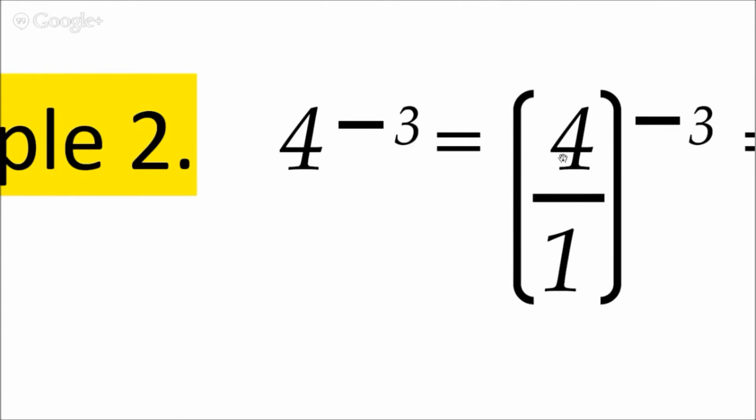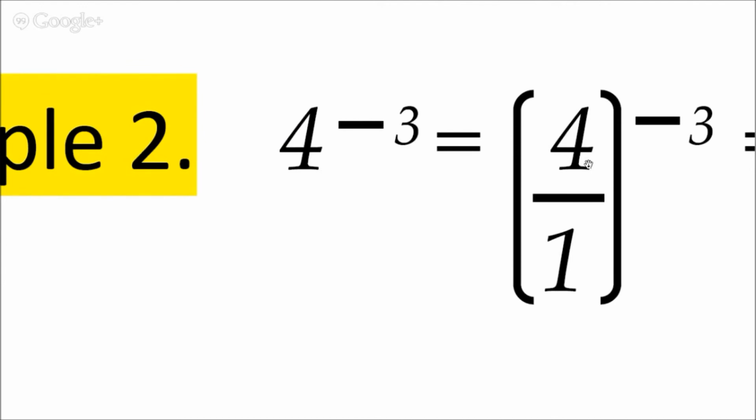Okay, so how do you know 4 is equal to 4 over 1? Well, any whole number is equal to itself over 1. So, for example, if instead of 4 we had 100, it would be 100 over 1. Any whole number is equal to itself over 1.